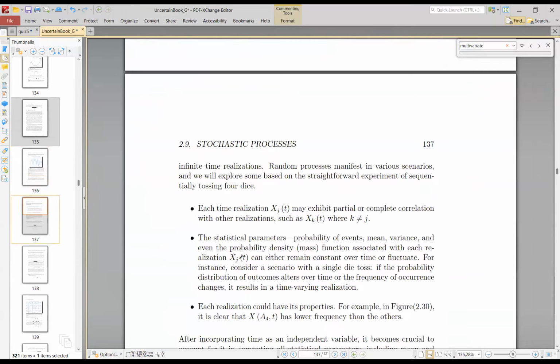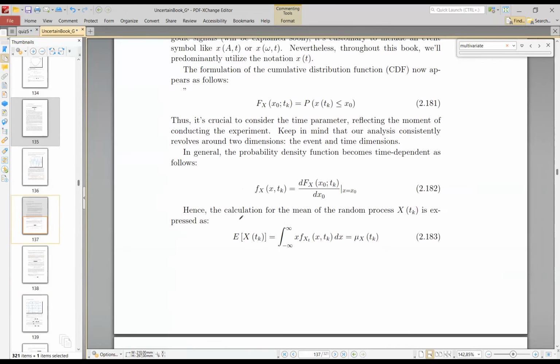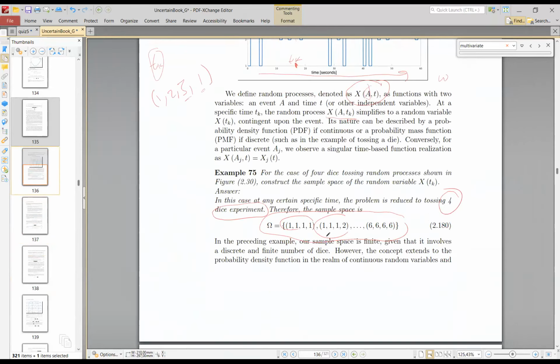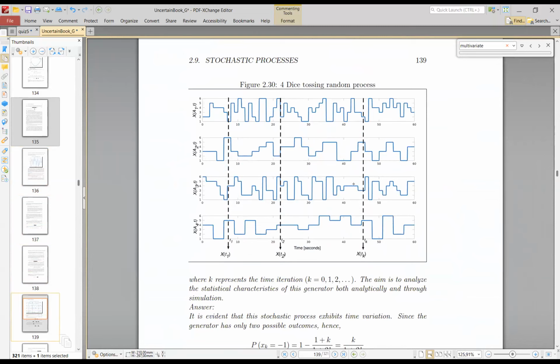Now you can see, I think we have a figure for this where we have them over each other. Yes, you can see here. Now we have 4 outcomes, and this is the outcome of each experiment. Each experiment is not exactly the same as the others.